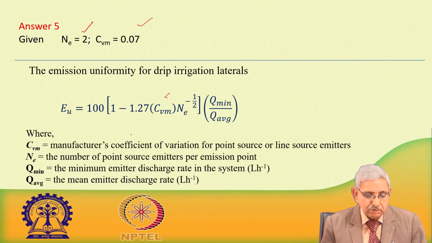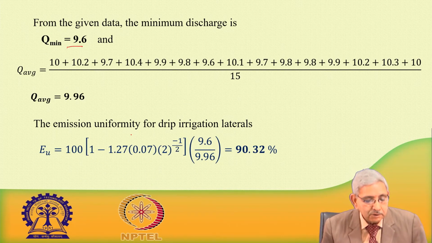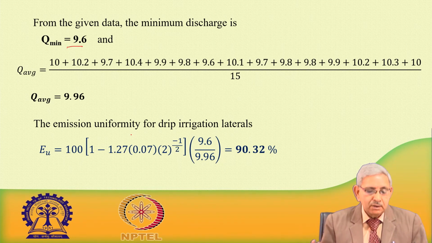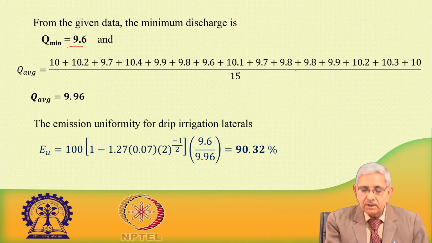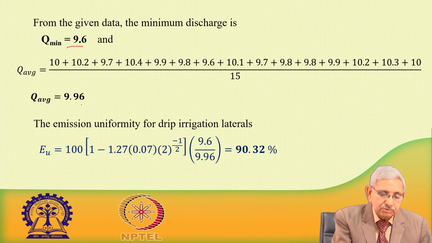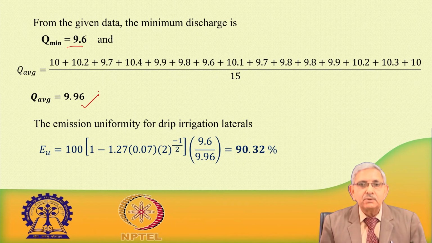This is the value available from the data, and all these 15 data were used to obtain the Q average. We have taken the sum of all 15 observations divided by 15. This gives Q average equal to 9.96 liter per hour.